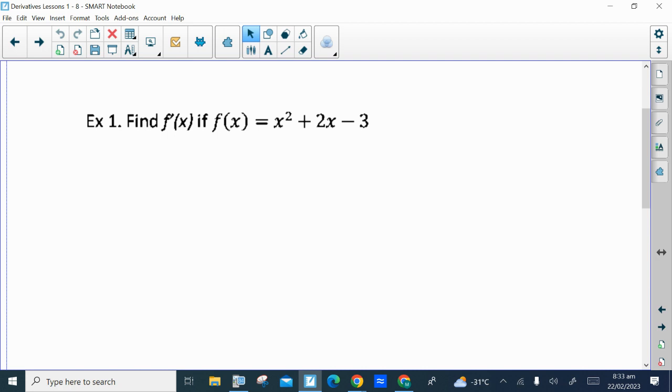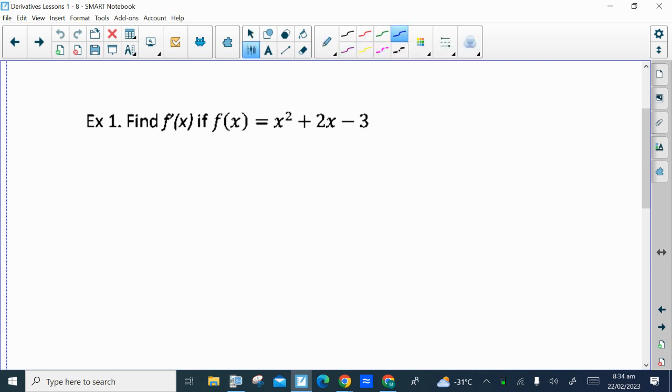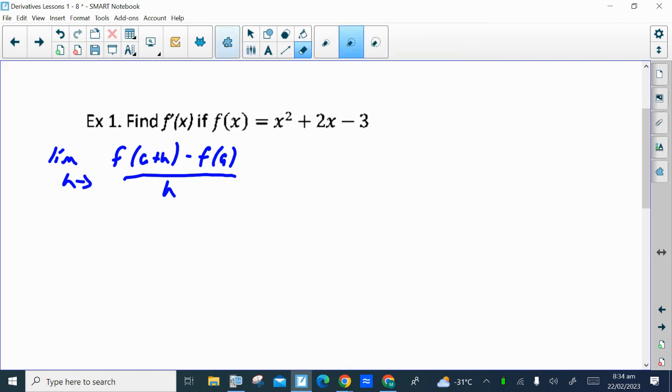And so we said that we could use those limit formulas, and yesterday we used the one involving h, and we said that we could find the derivative by taking the limit as h approaches 0 of f at a plus h minus f at a all over h.